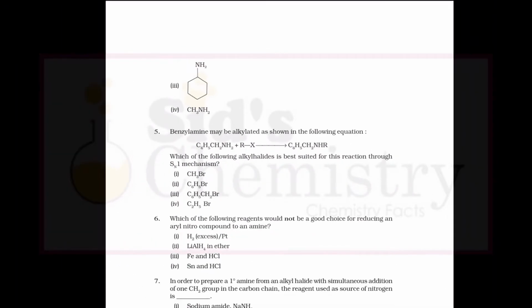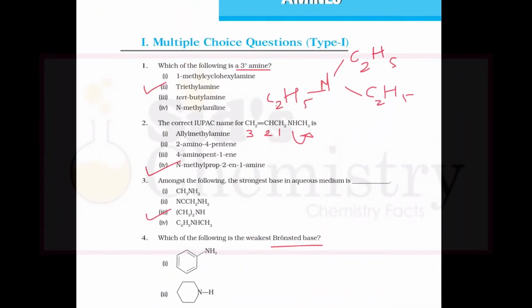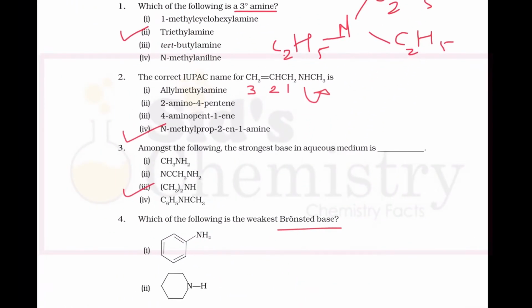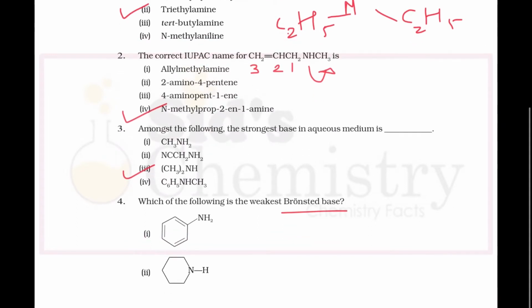Out of the given options, the only option which shows resonance is option number 1. Because of the resonance, the lone pair of nitrogen is traveling over the ring, and therefore sufficient lone pair or cloud is not available over the nitrogen to be donated to become a Bronsted base. So the weakest Bronsted base will be option number 1, that is benzenamine.